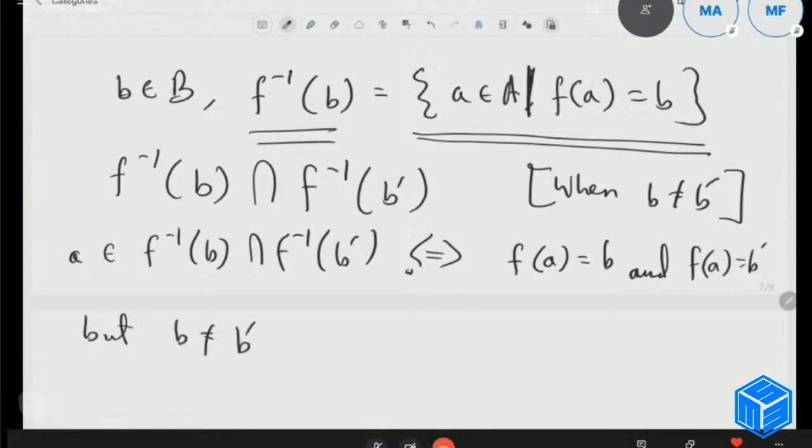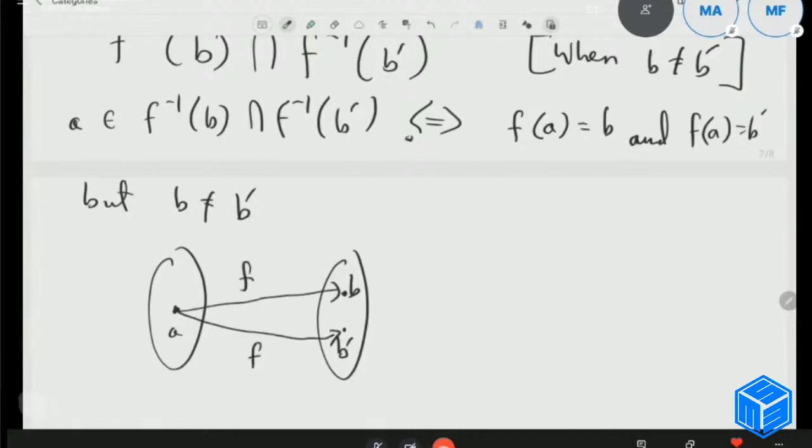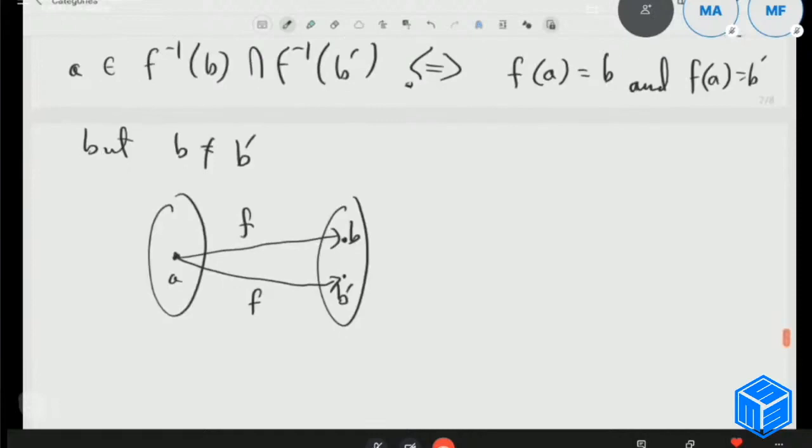It's like you have A that gets sent to two different places. Does that bother you? Slightly, yes. Okay, so it should, because F is a function and functions don't do that. Because then how would you know what A gets sent to? Exactly. Functions don't send inputs to two different places, right? So this guy is the empty set.